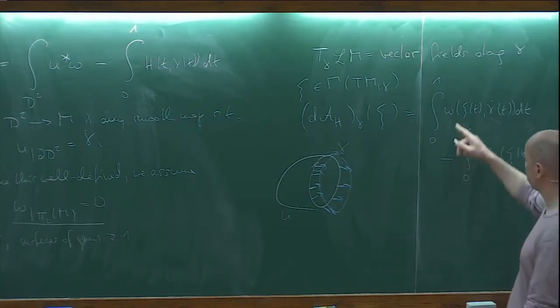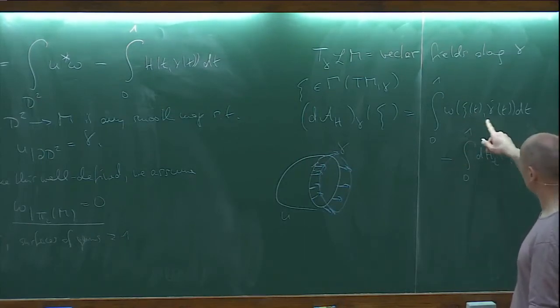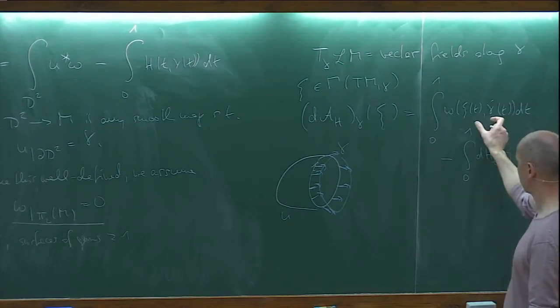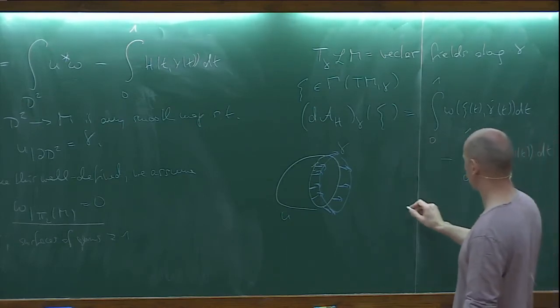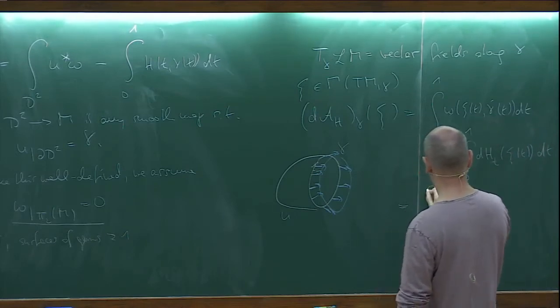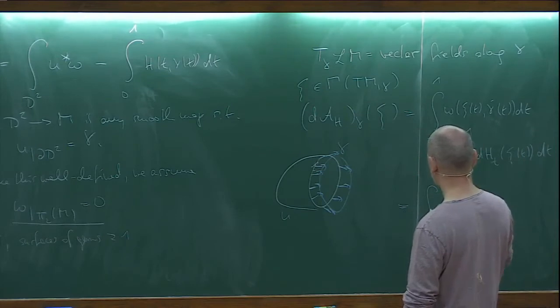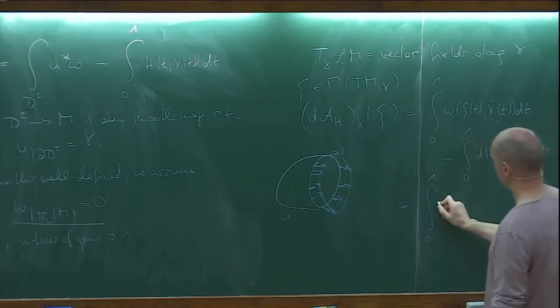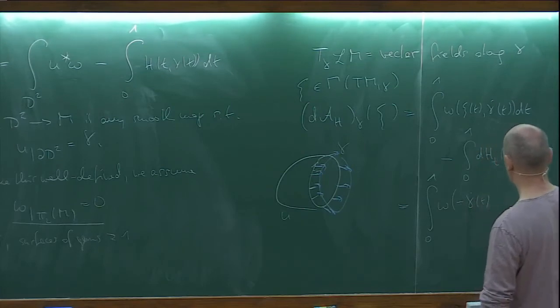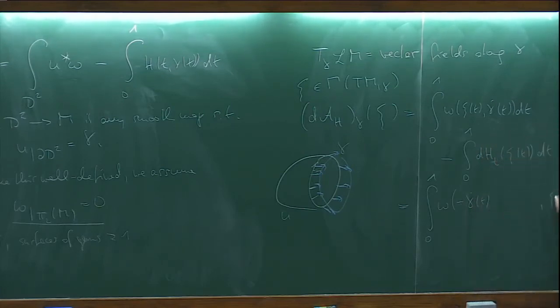So let me rewrite this a little bit. For reasons which will be clear in a second, I want to switch these two. I claim that this is equal to the integral from 0 to 1 of omega of minus gamma dot of t and C(t), plus the second term.